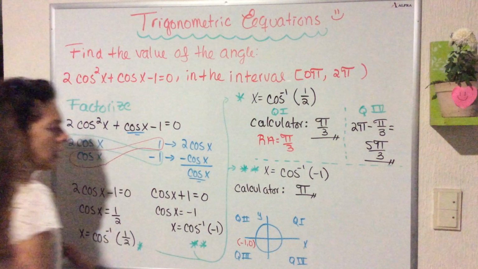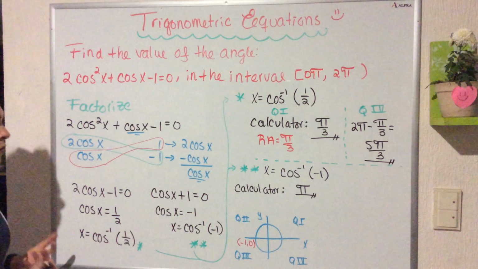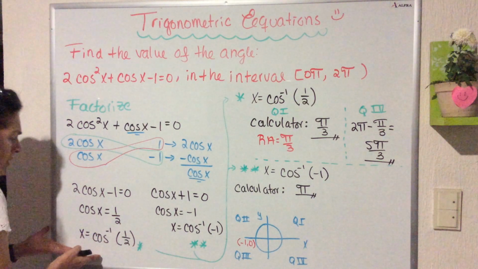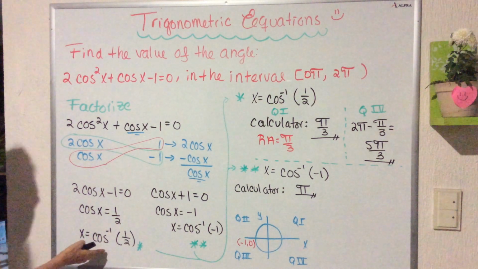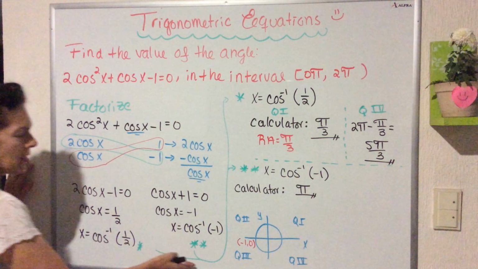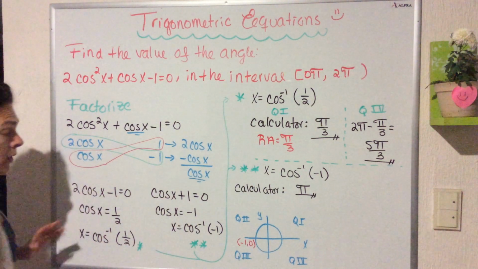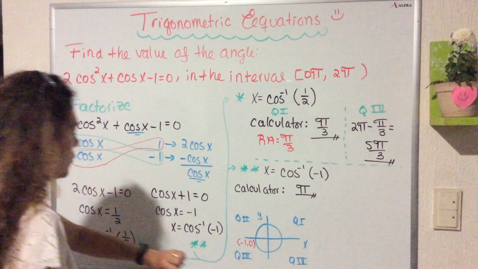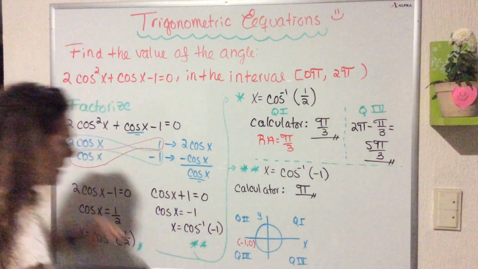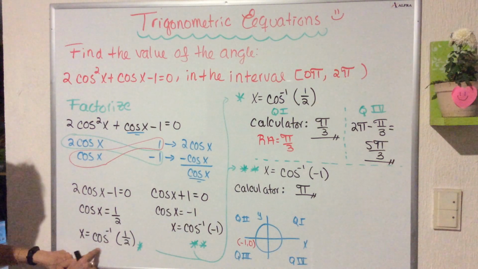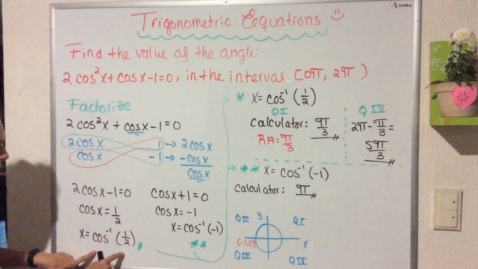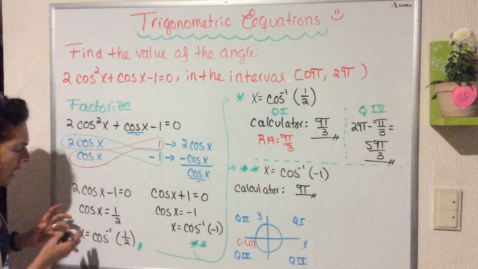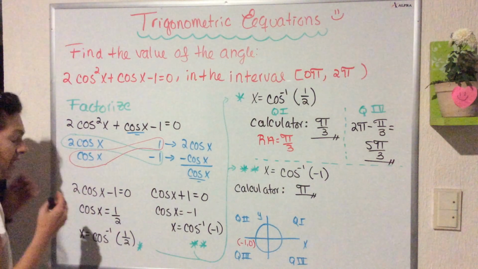Now, once we have done this, we have to get the answer, because here we have the answer for one of the factors and the answer for the other factor. So we have to look for all the solutions. Now, I want you to focus on the unit circle, and then look, here we have inverse cosine of 1/2. And remember, cosine are the values in x or y? In x, okay.